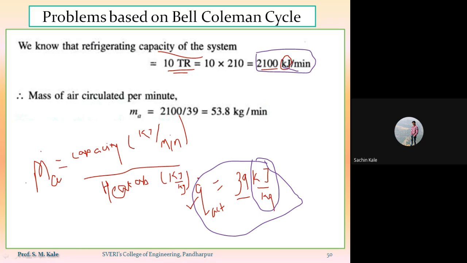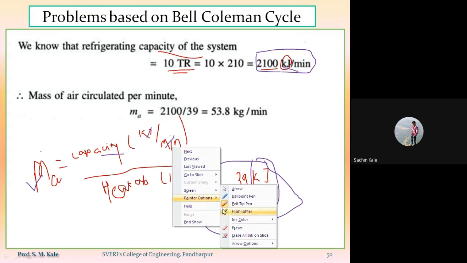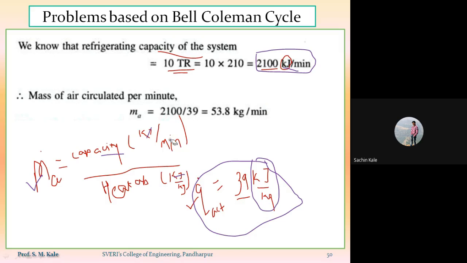So the formula for the mass of air circulated per minute is capacity in kilojoule per minute divided by heat absorbed in kilojoule per kg. Kilojoule will get cancelled, and the answer will be in kg per minute.